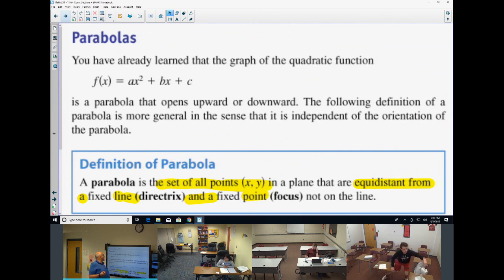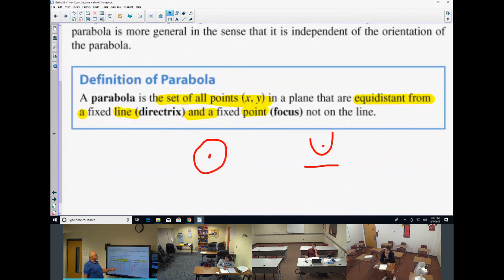So starting with a parabola. The definition of a parabola is, like you start with the circle. A circle is the set of all the points in a plane that's an exact distance from the center point. Okay? Well, so here's like a circle. A parabola is the set of all points that are equidistant, so the same distance from a point and a line.